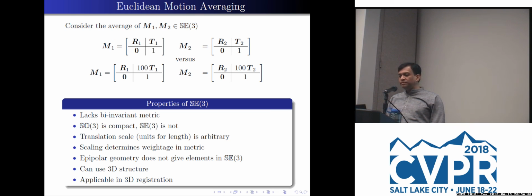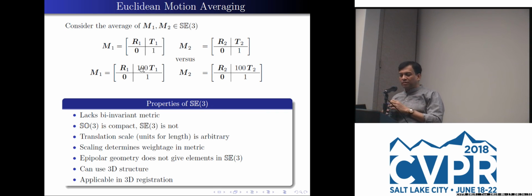For example, imagine taking the average of these two elements on the group. Let's say translation is in meters. And now if I were to do this in centimeters, if I define t in centimeters, what do you think is going to happen? You're going to get a different answer, right? Because the rotation is unit norm, essentially all the elements of R are between plus and minus 1, so their scale is fixed, whereas the scale of translation is really arbitrary.